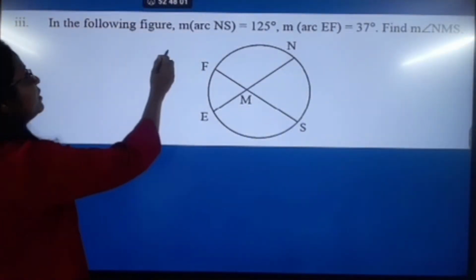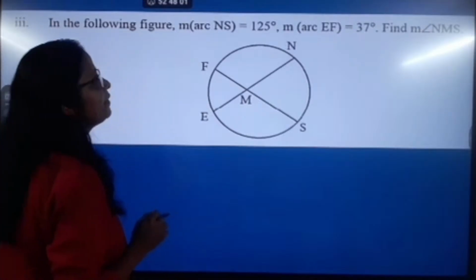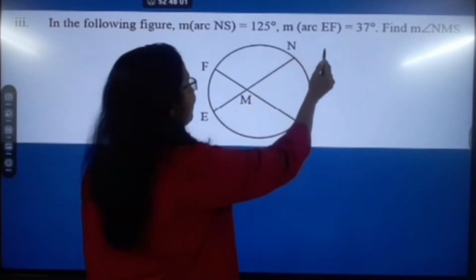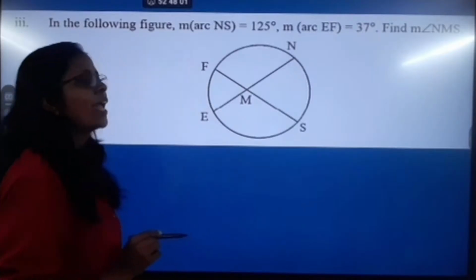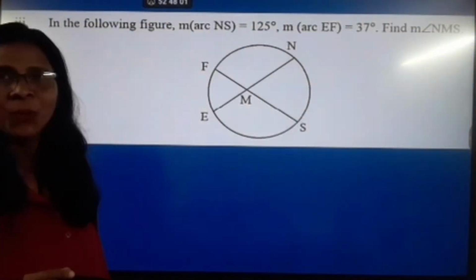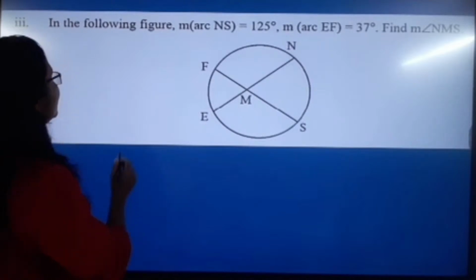In the following figure, major arc NS is equal to 125 degree. Major arc EF is equal to 37 degree. Then find angle NMS. Okay, students. So now, students, first we write down the given.